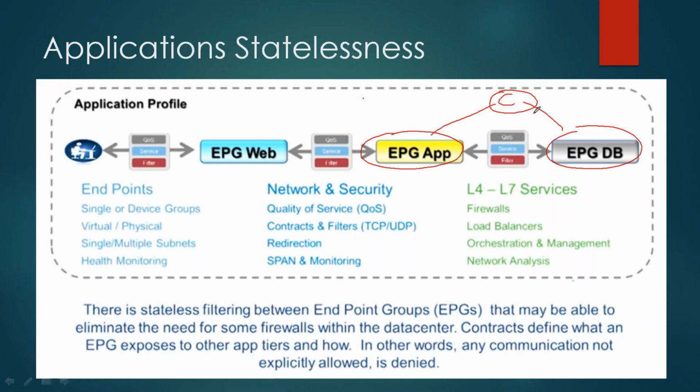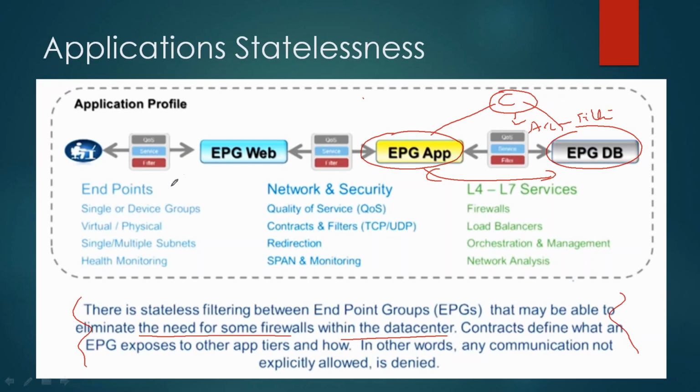That agreement is nothing but the contract, and inside the contract you need some sort of ACL. The ACI term for it is the filter. So you need a filter, a subject and filter, if you want to communicate between two endpoint groups. By default, they will not communicate. So this will eliminate some firewall rules that we would want inside the DC for security provisioning, etc.